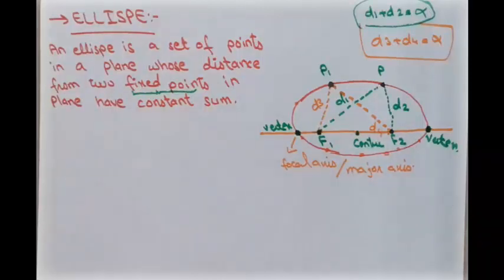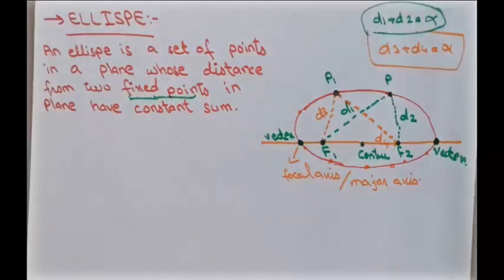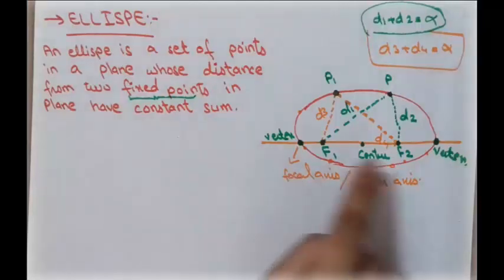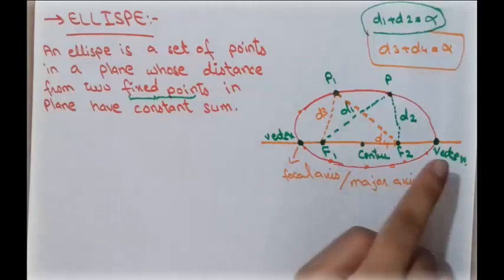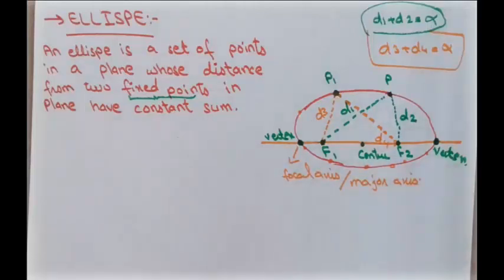Further, we will derive the standard equation of the ellipse. There are only two possibilities: when the focal axis or major axis is on the x-axis, and the other when the major axis is on the y-axis.